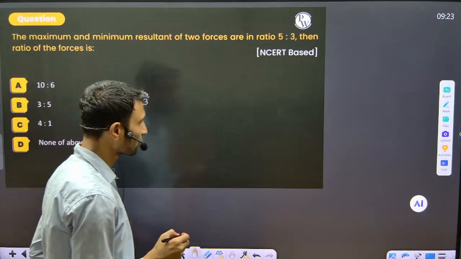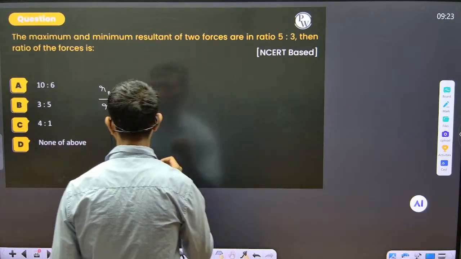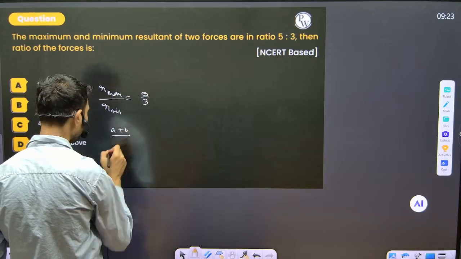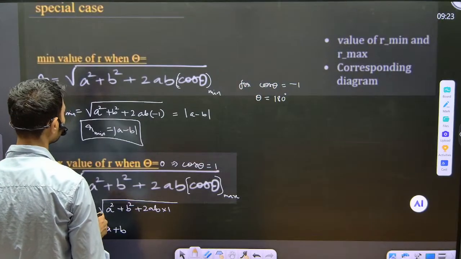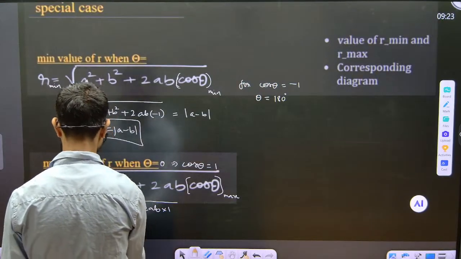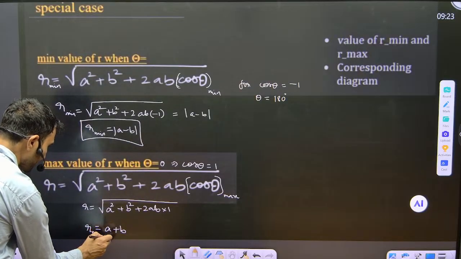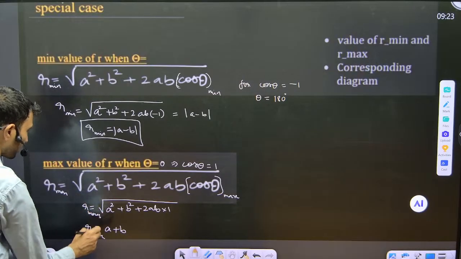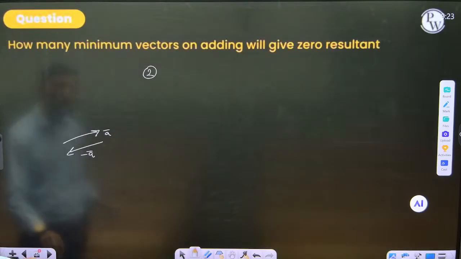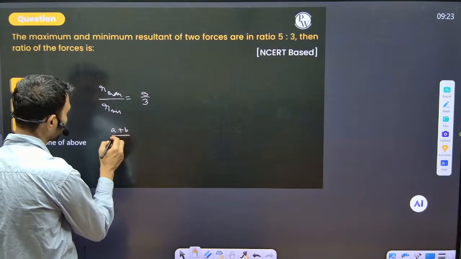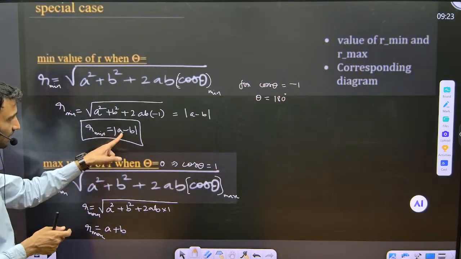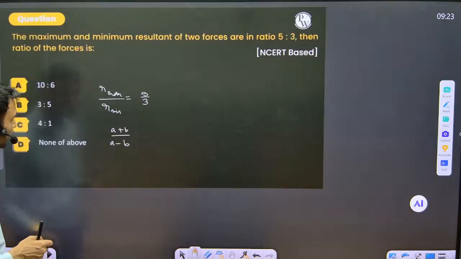Then what is the ratio of the forces? So R max is A plus B, we saw the formula, and R min is A minus B. That also we have seen here. A minus B is the minimum value, right?